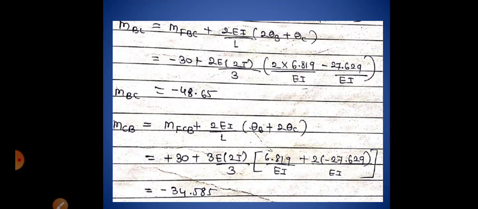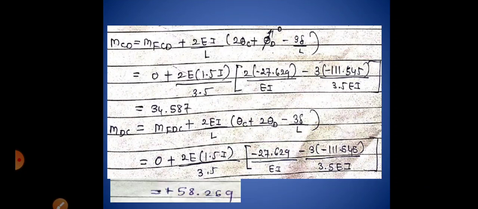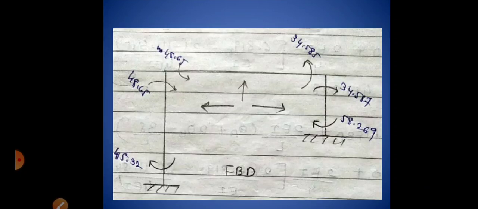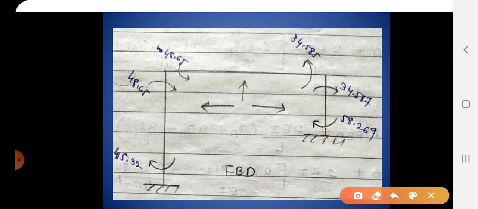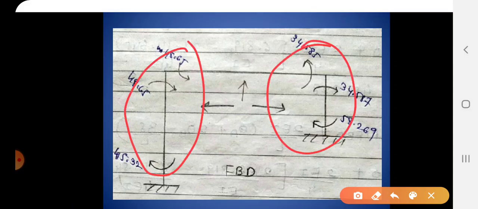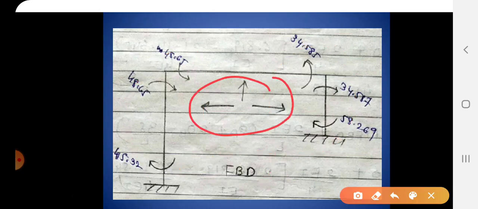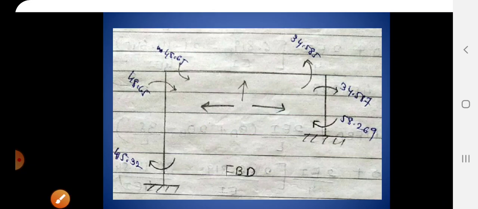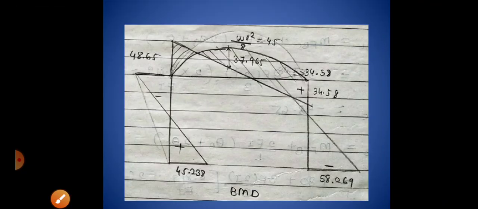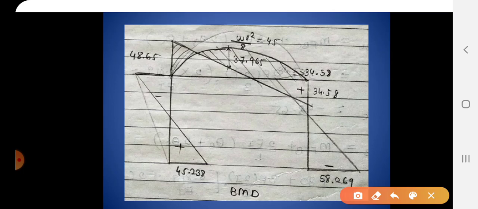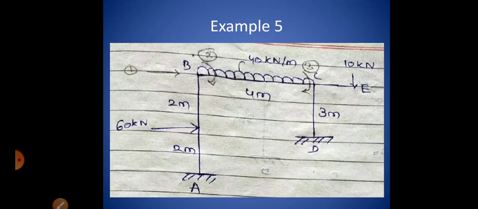Similarly, MBC and MCB and MCD and MDC. Transfer these values onto your free body diagram and you can draw the bending moment diagram using these 3 conventions: hogging positive, hogging negative, sagging positive, and accordingly you can now also calculate these ordinates as explained in earlier examples. So this is the final bending moment diagram.